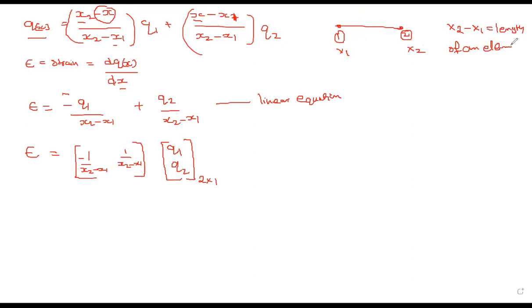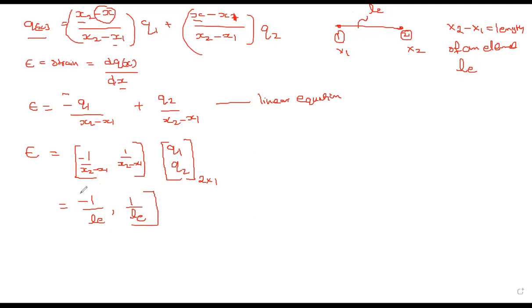The length of an element is denoted as L suffix e. So x2 minus x1 can be replaced by Le, and it is possible to write minus 1 by Le comma 1 by Le.